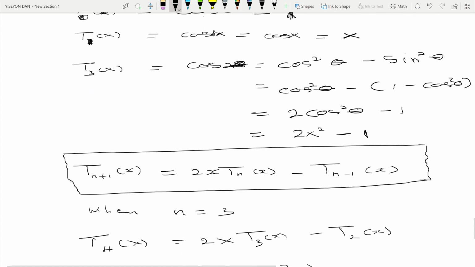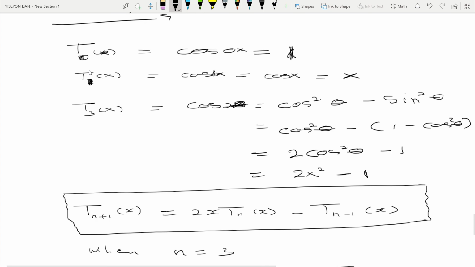Let's scroll up to check. This is T0, this is T1, and this is T2. So T2 is 2x squared minus 1.